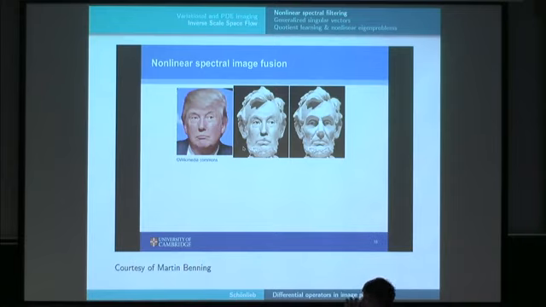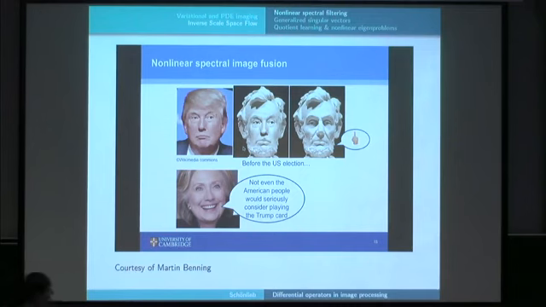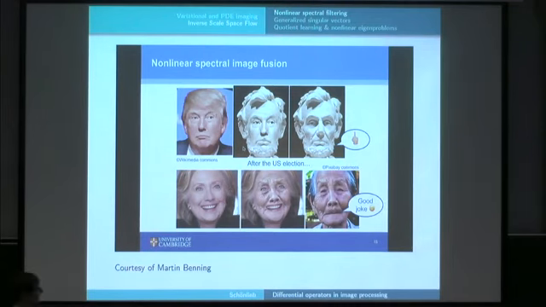And you can do a similar thing with Hillary, who says, well, not even the American people would seriously consider playing the Trump card. And after the election, she was brought back to reality, let's say. Yeah? Okay, and the idea is these are the image processing tweaks.